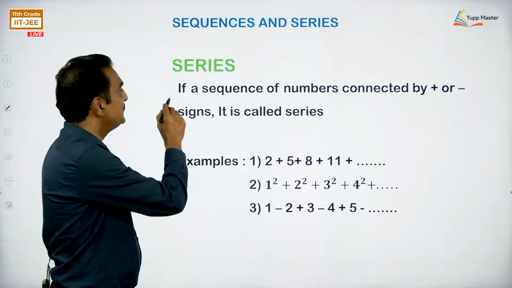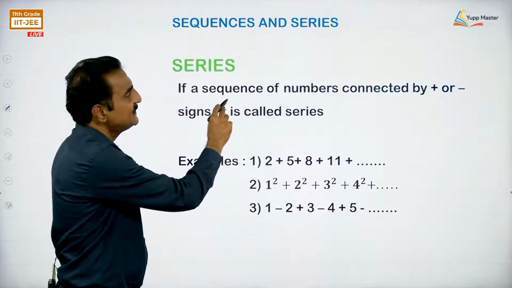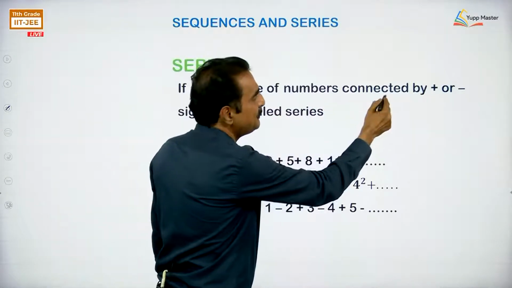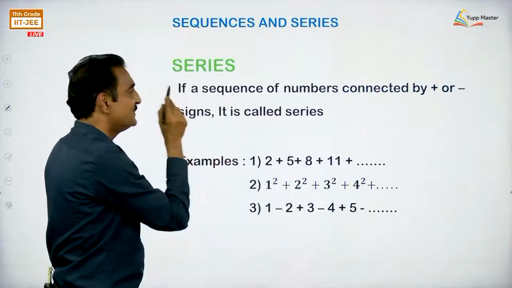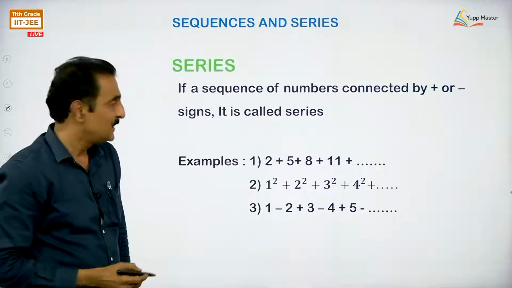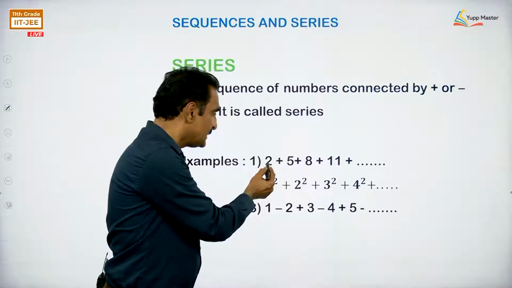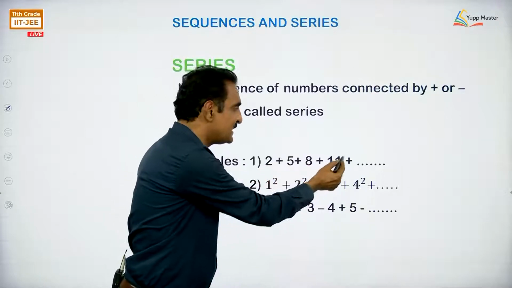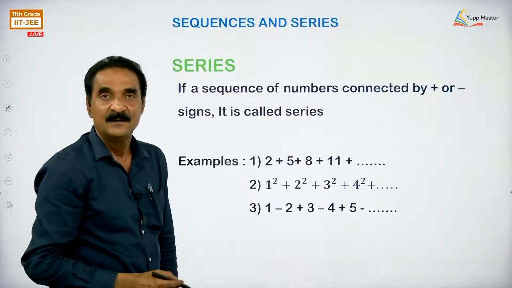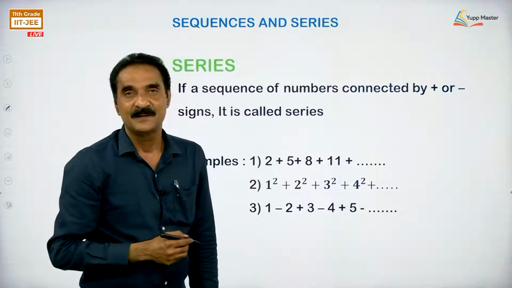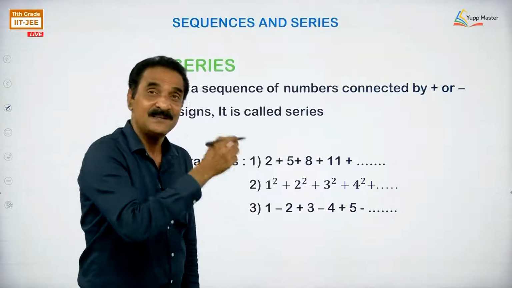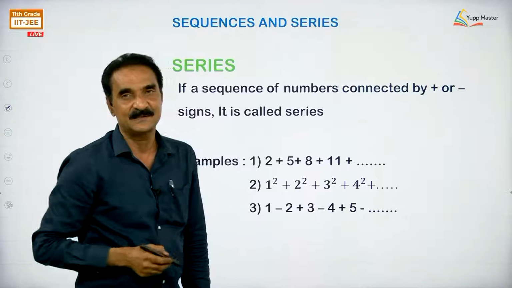A series: if a sequence of numbers is connected by plus sign or minus sign, it is called a series. So if you take 2 plus 3 plus 5 plus 11 and so on, it is called a series. The sum of the numbers in the sequence is called a series.